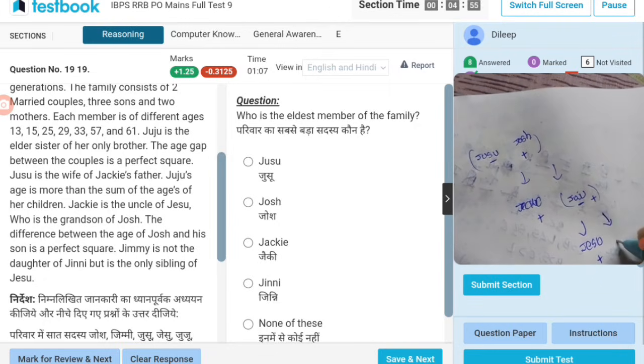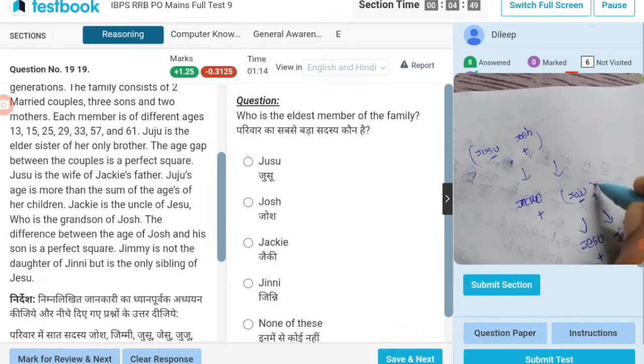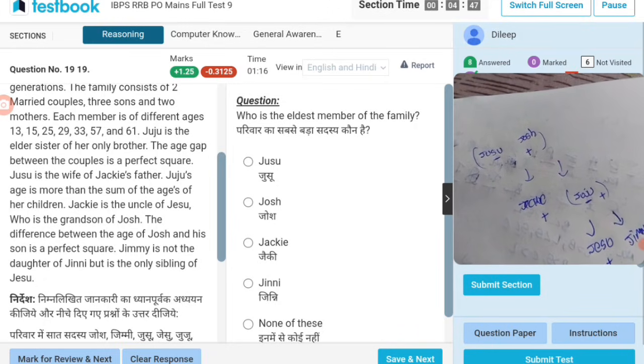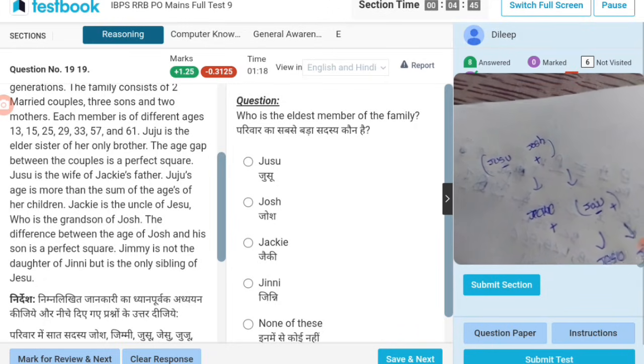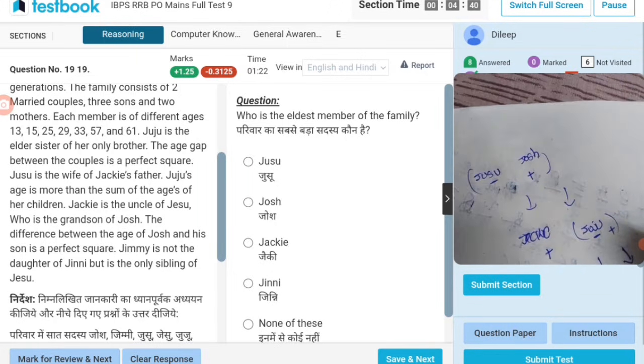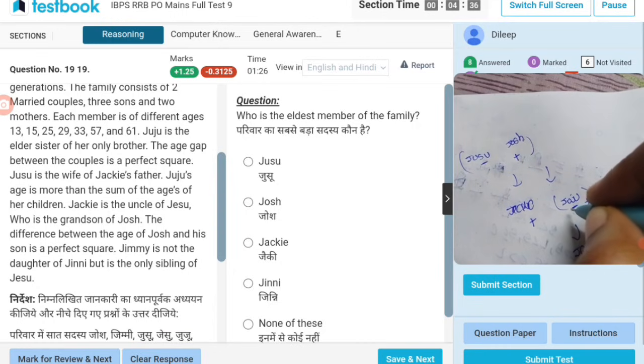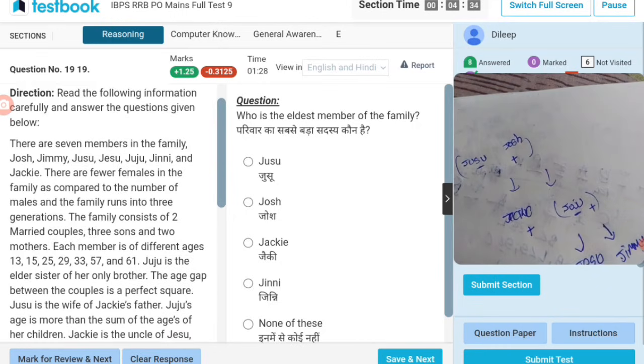So Jimmy is not daughter of Jenny. So Juju's age is more than the sum of her children.